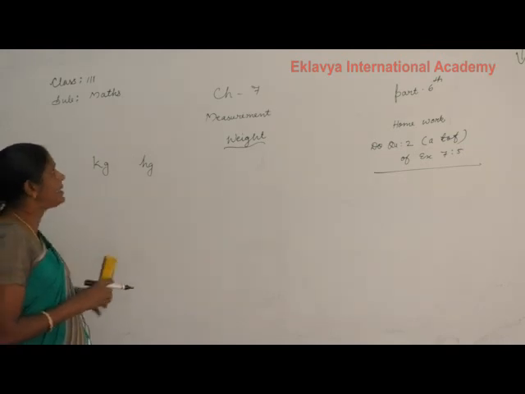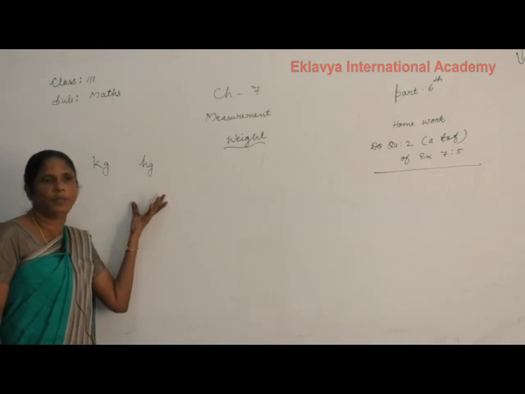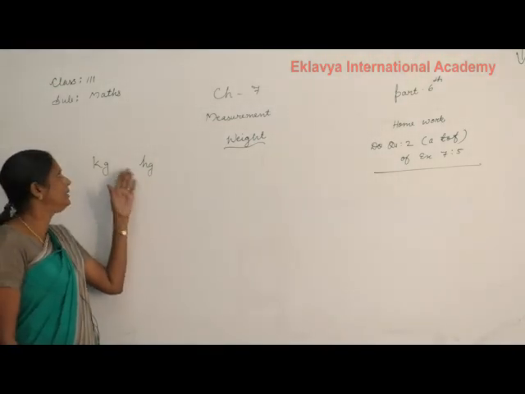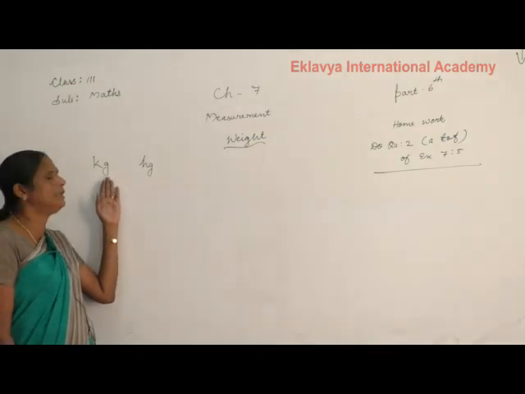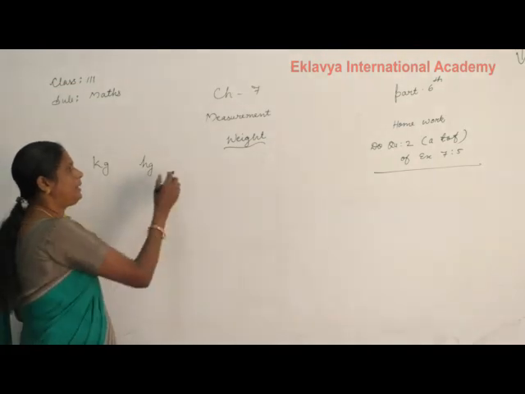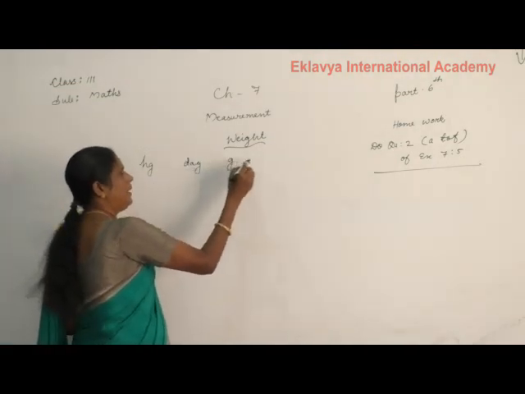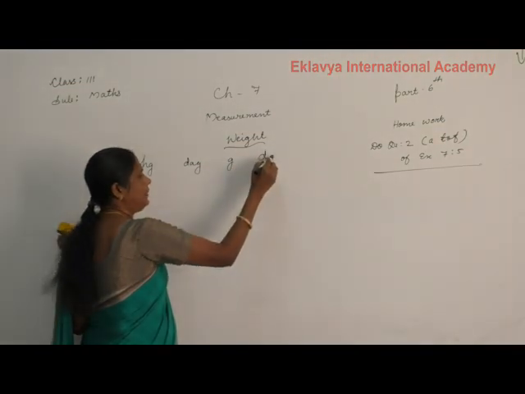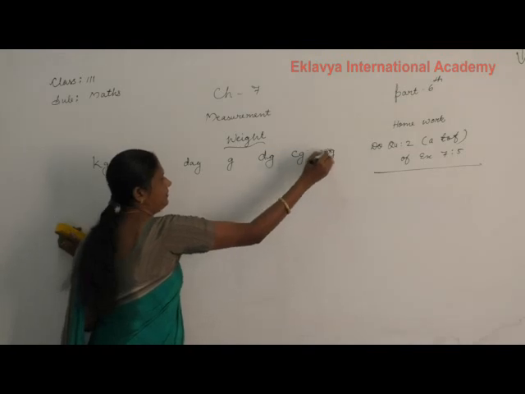In the previous class we already learned about the measurement of length, that is kilometer. Instead of meter, we write gram. Kilogram, hectogram, decagram, gram, decigram, centigram, milligram.